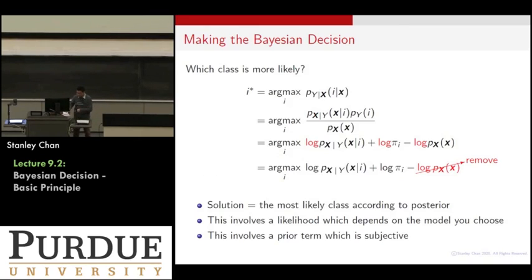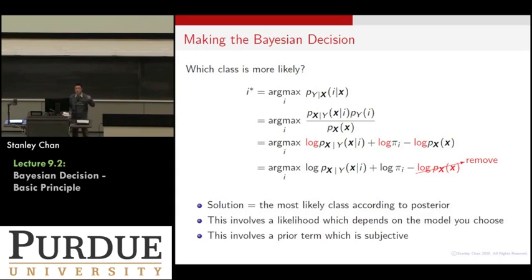So if we adopt this idea of analyzing the posterior, then we can formulate the problem as follows. What would be the best class that can be associated with my observation? Literally, we're asking: suppose I have seen this sample point x, what is the most likely class that generated this sample?